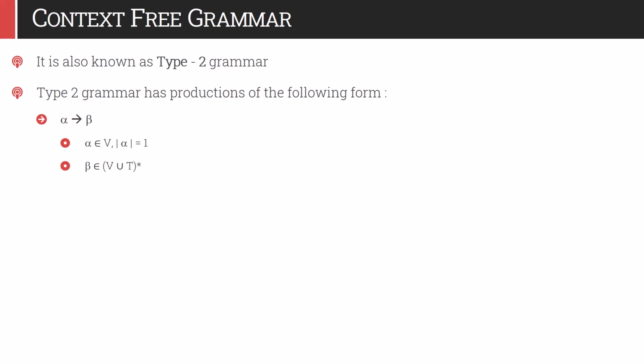And beta belongs to (V union T) whole star. V is the set of non-terminals, T is the set of terminals. So beta can take any combination of terminals and non-terminals, and it can even take the epsilon value. So on the right hand side, it can be any string. On the left hand side, it must be one non-terminal. If the productions are in this form, then those grammars are known as context-free grammar.